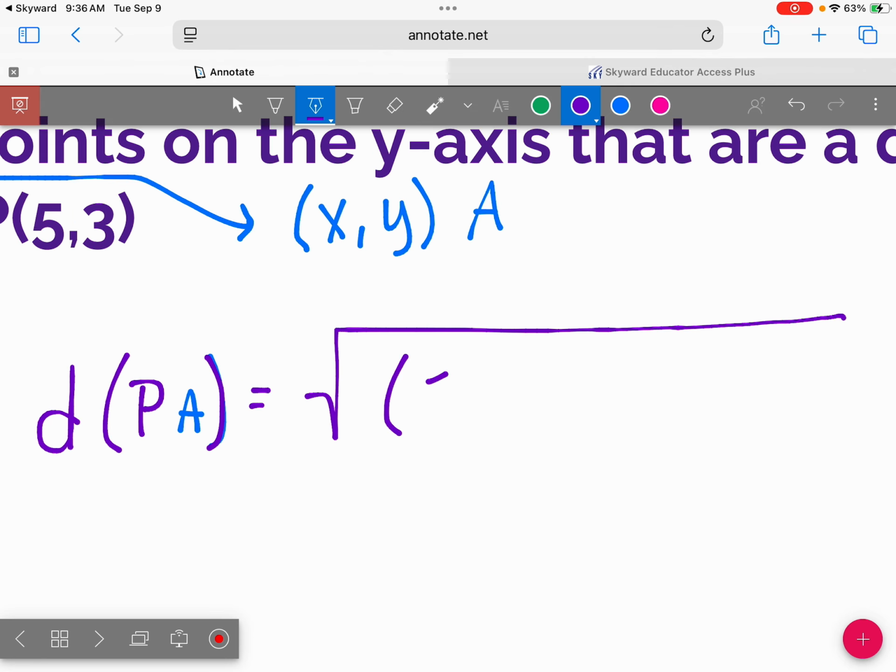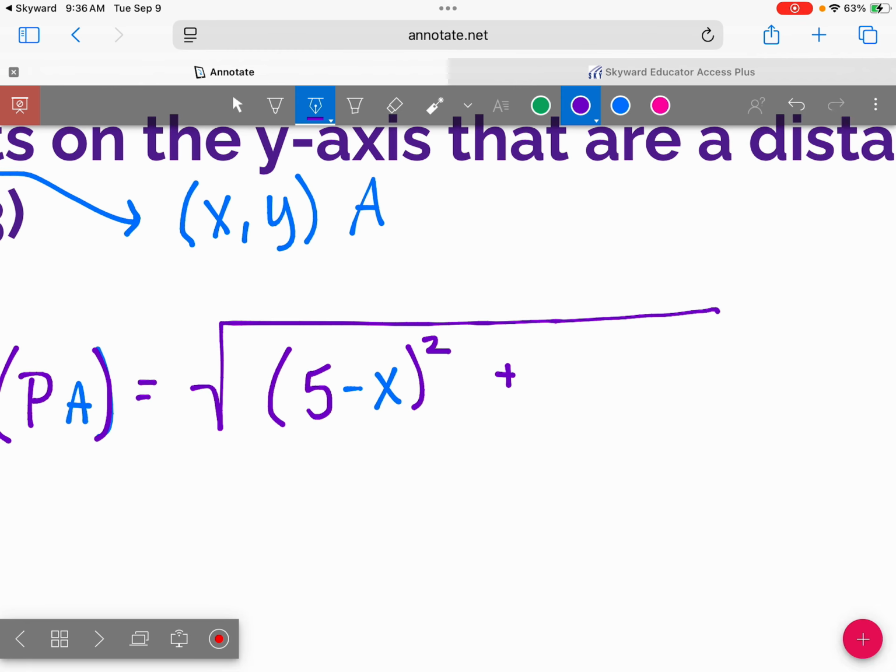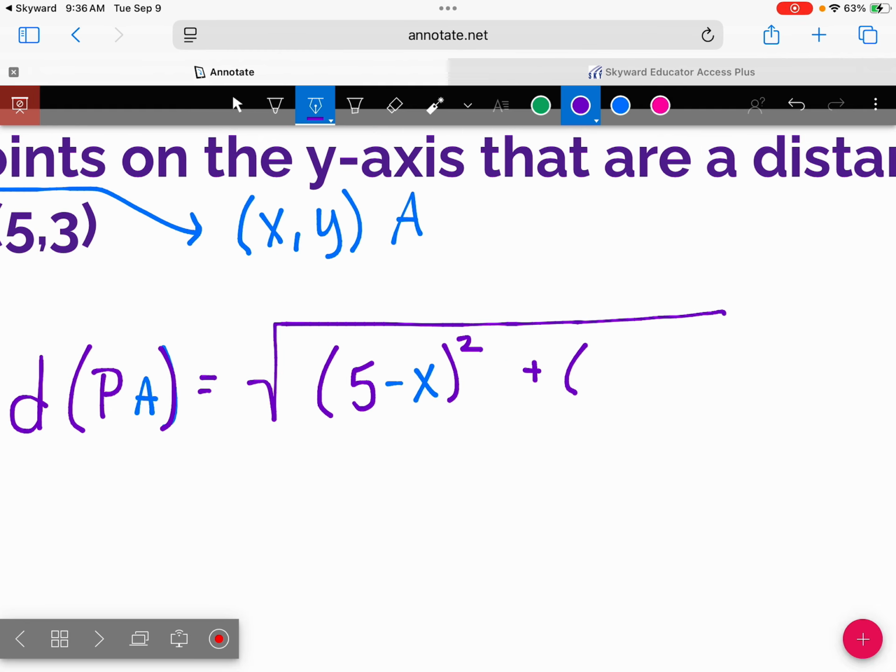We can do our 5 minus x squared plus our 3 minus y. So I'm just filling in my distance formula with the pieces we know. I know we have a point, and I want to find some more points. So if we're going to find more points, I need to at least get some letters in there.